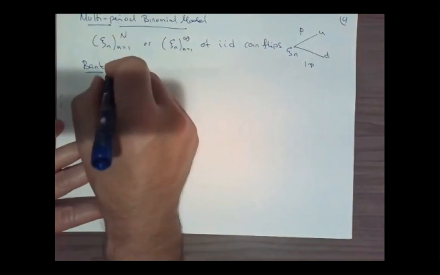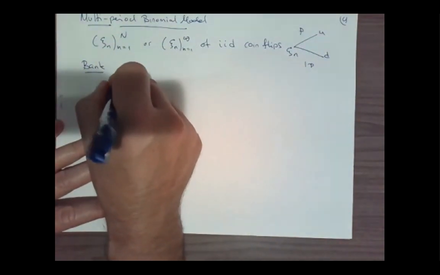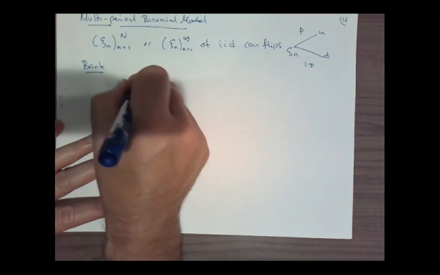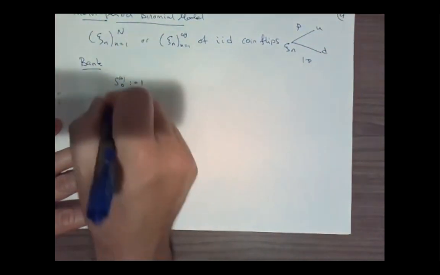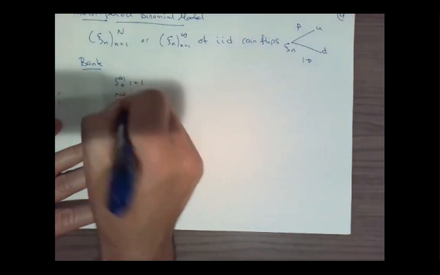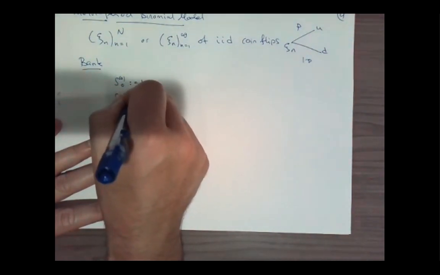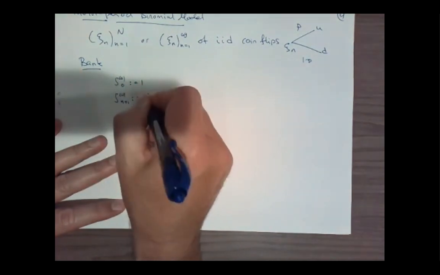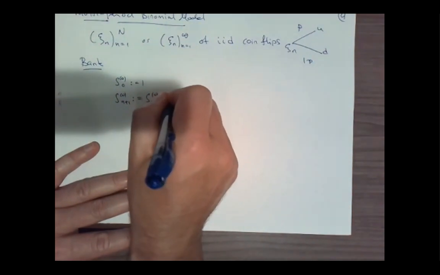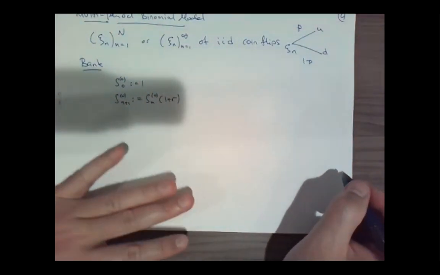The bank has the formula that we start out, say, at 1, and then at time n plus 1 the definition is that you take the previous bank value and you multiply it by 1 plus r.